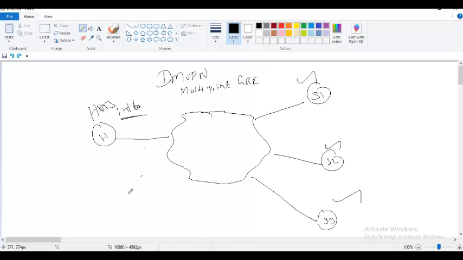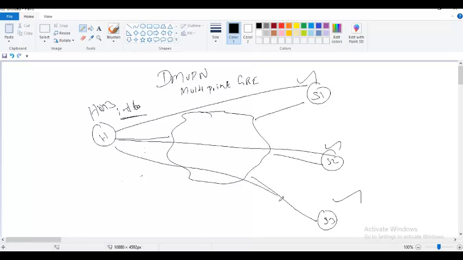Not only that, in the normal GRE, if you put three tunnels, communication between these two will be like this, always via hub.